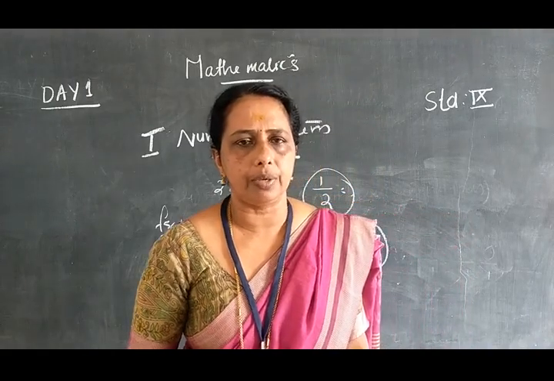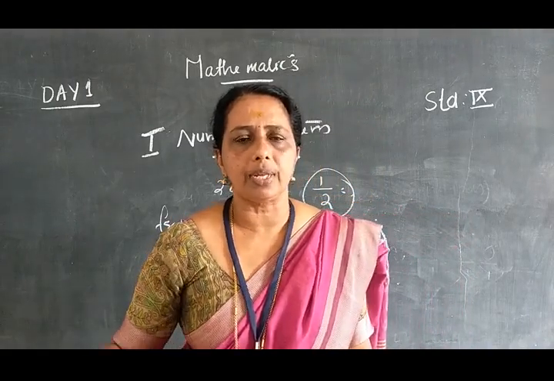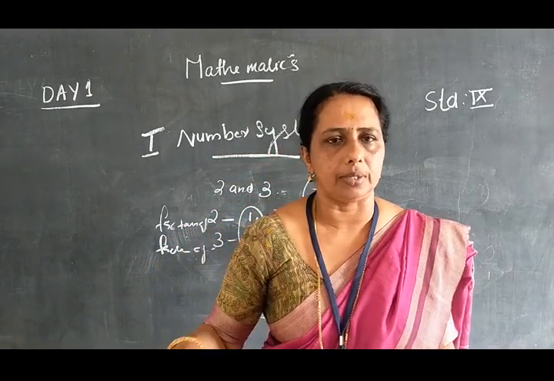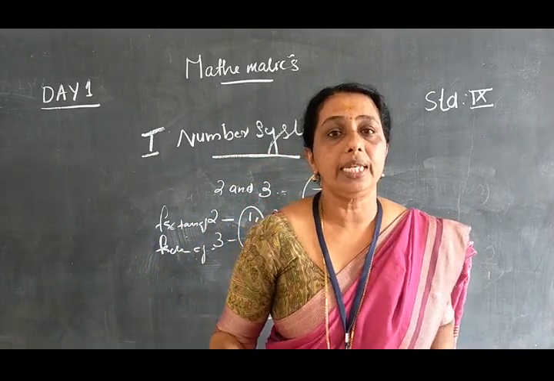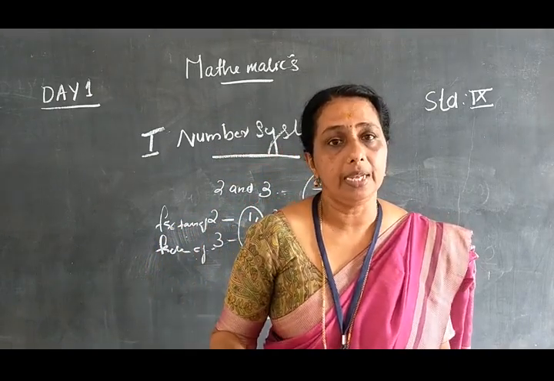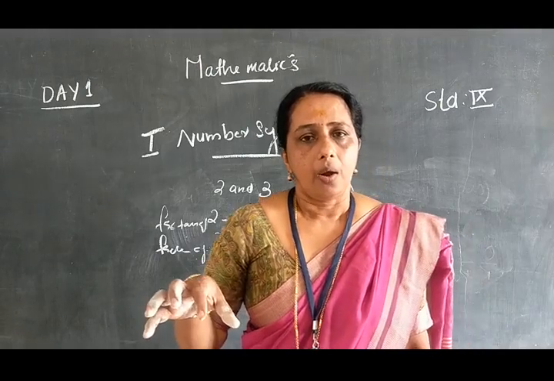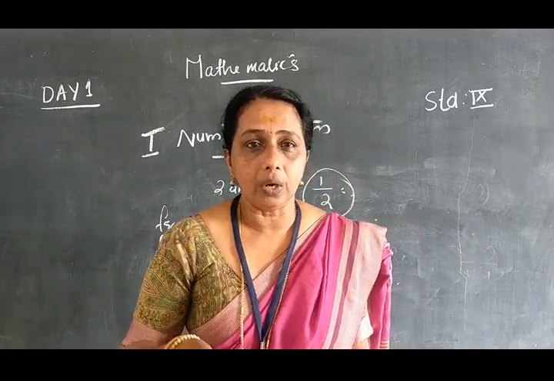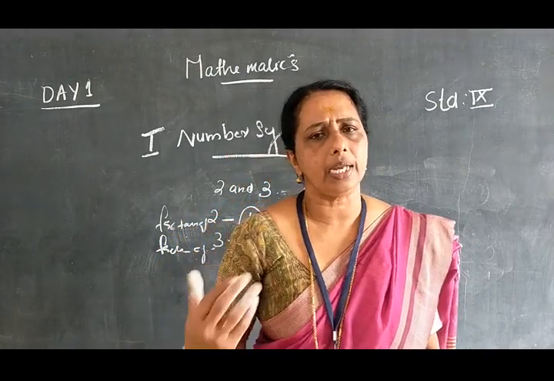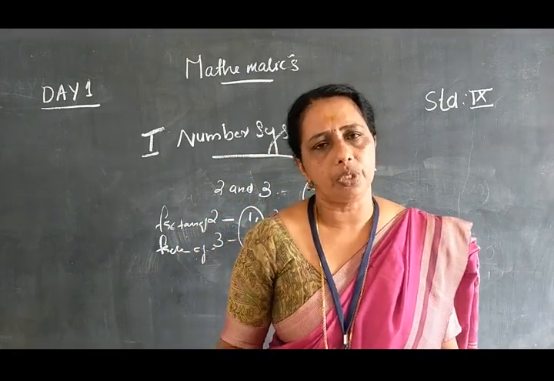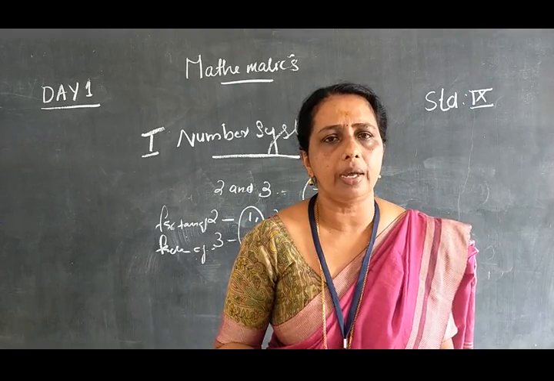That is, the collection of numbers 0, 1, 2, 3, 4, etc. are called whole numbers. Next one is integers: the collection of negative numbers, positive numbers and including 0 are called integers.